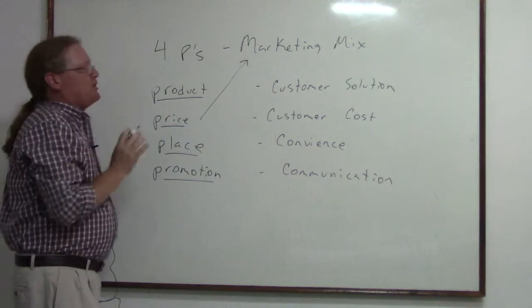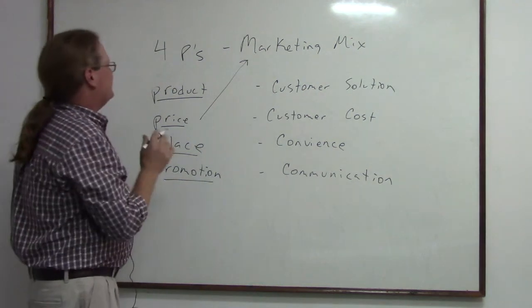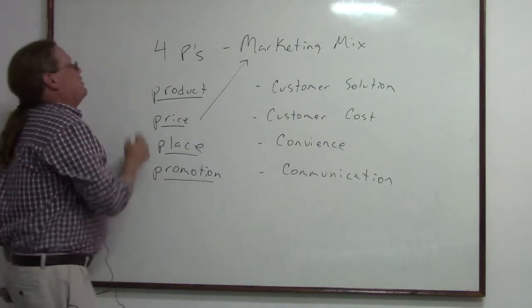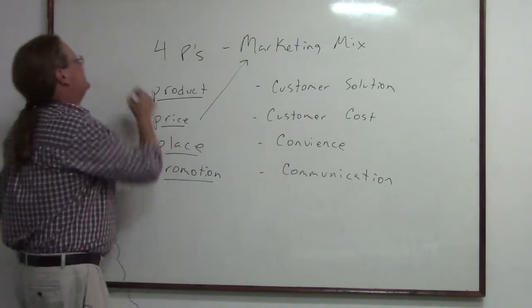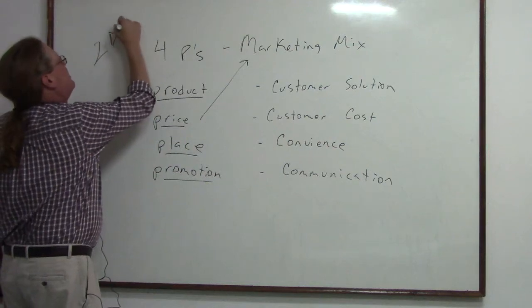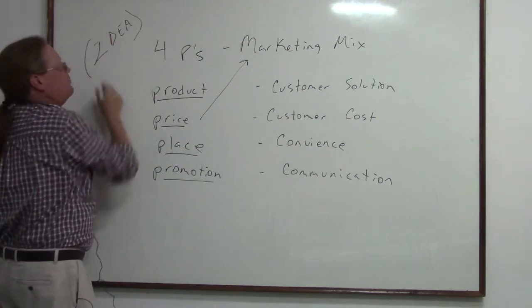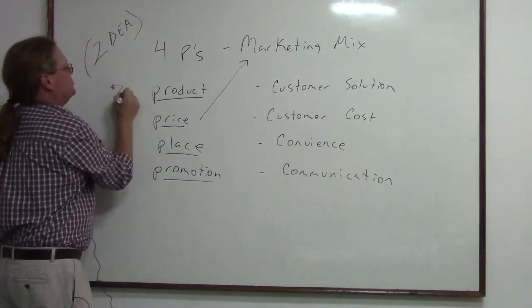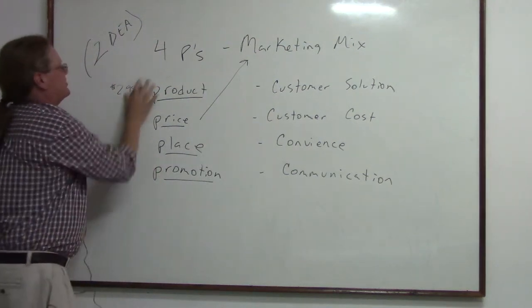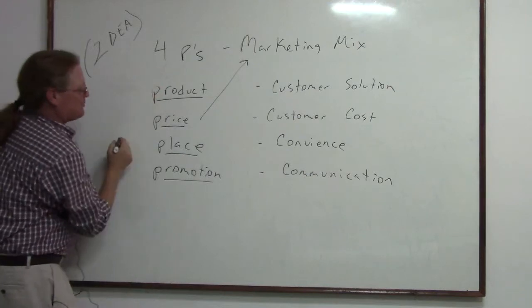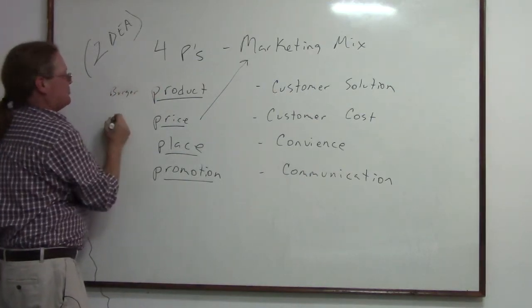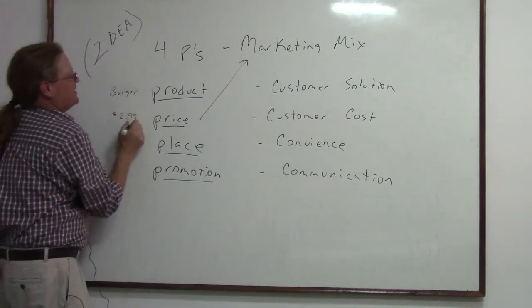So the point I want to make here is that you can have different versions of the marketing mix. We have an idea: the product will be a burger, and the price might be $2.99.